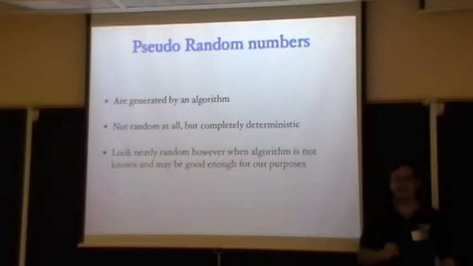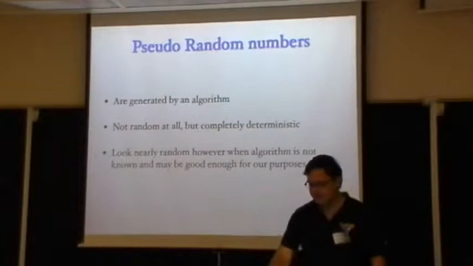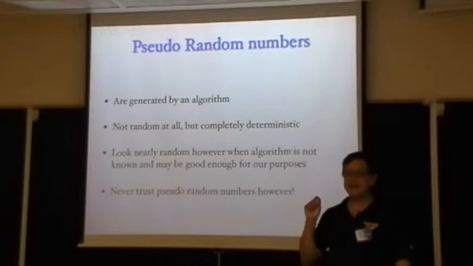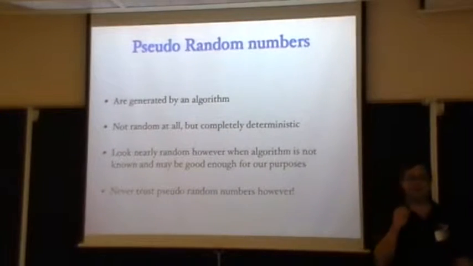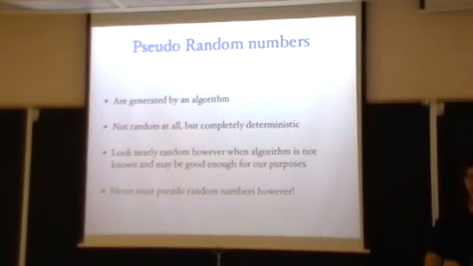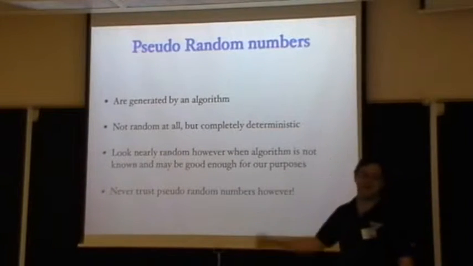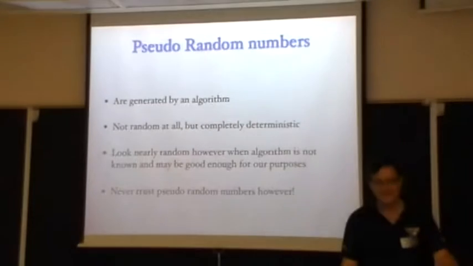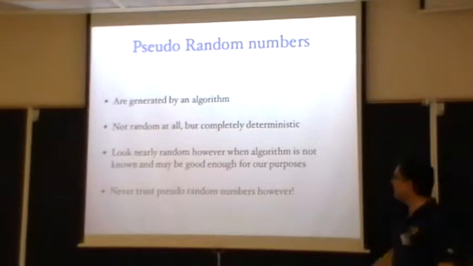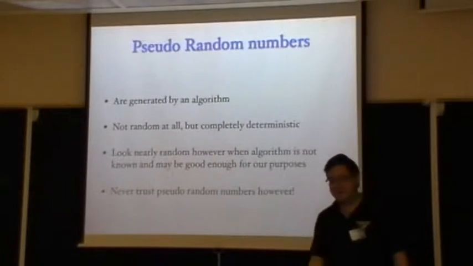It might be good enough. But we can never trust it, because your new algorithm that you wrote, your program, might just be the first program to detect that those random numbers are not random at all. This might just be the test that's needed to find that.